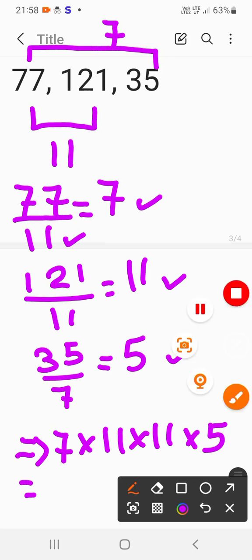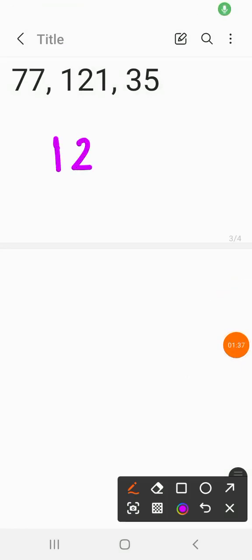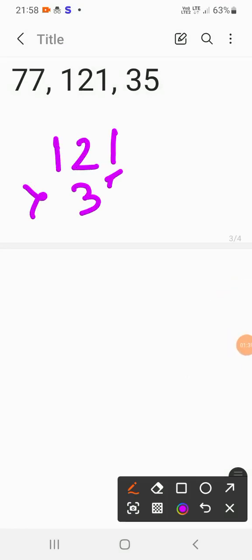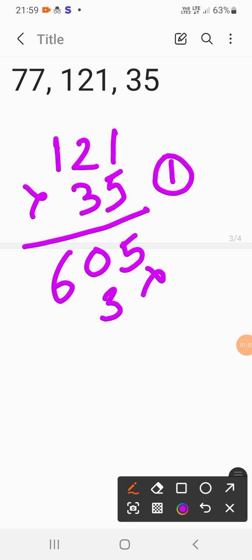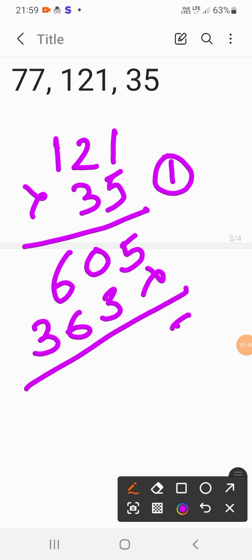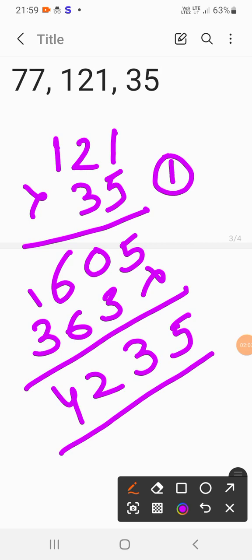So 121 into 35 gives 4235. So 4235 is the LCM of these three numbers.